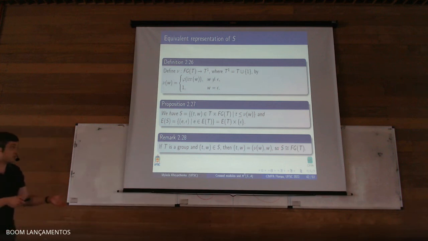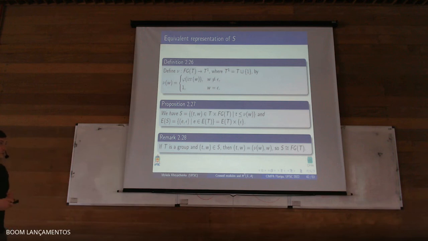So you have a free group over T, which is again a good signal, because you know that in the group case, this group G that you constructed was the free group over your initial, original group. And you see that this construction restricts to this group construction in group theory.